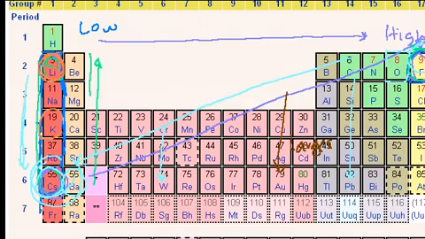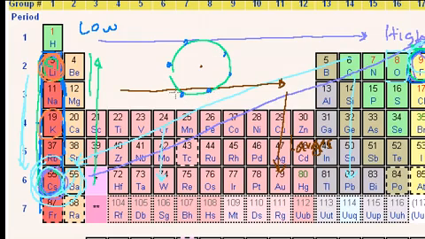Now, the one thing that might be a little unintuitive: what happens as you go to the right? You're adding electrons as you go to the right, but you're adding them all in the same shell, right? So if this is a nucleus right there, and you're in some orbital shell, and obviously they're not all spheres, but let's say you're in some orbital shell, as you go to the right in a period, you just keep adding electrons to that shell. This is a super gross oversimplification.